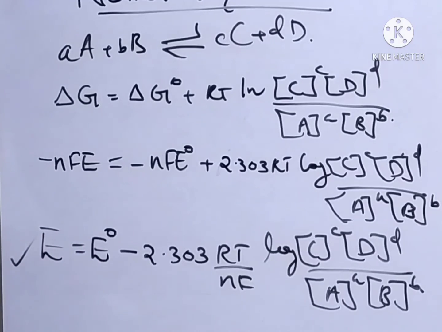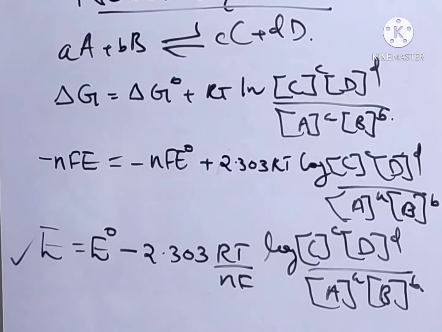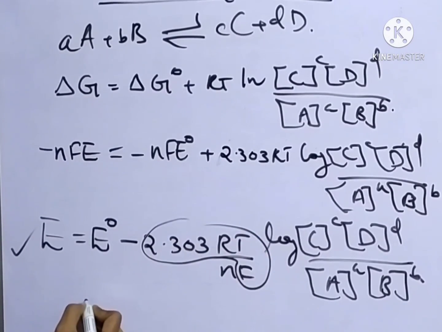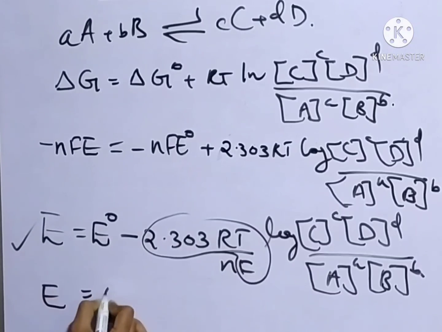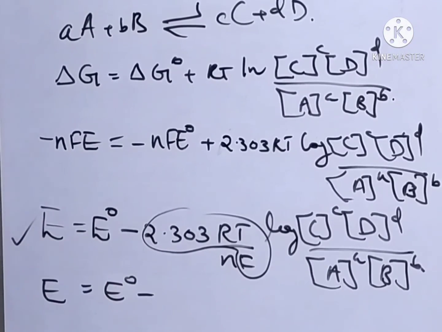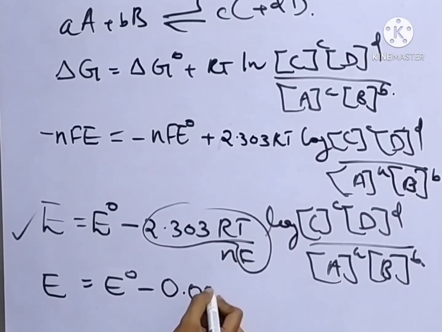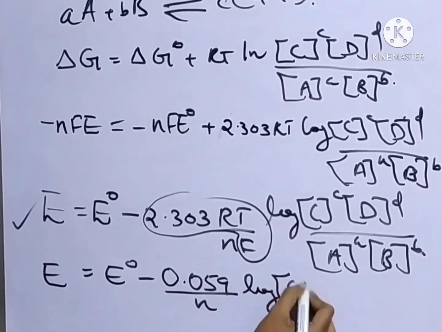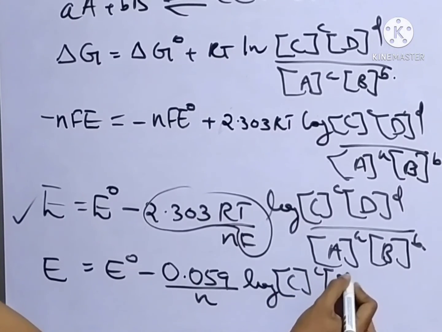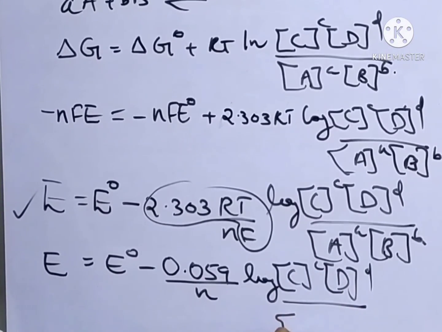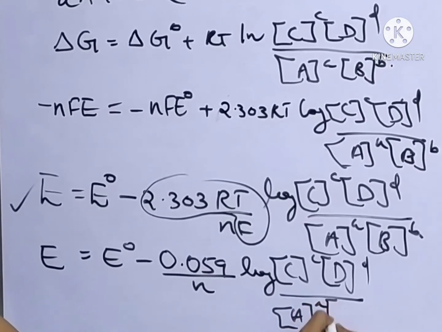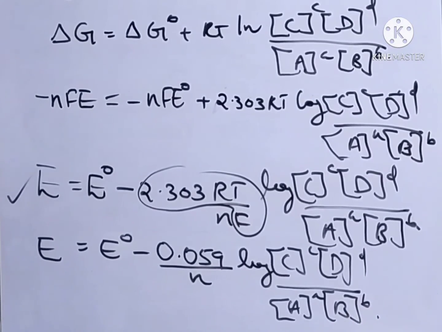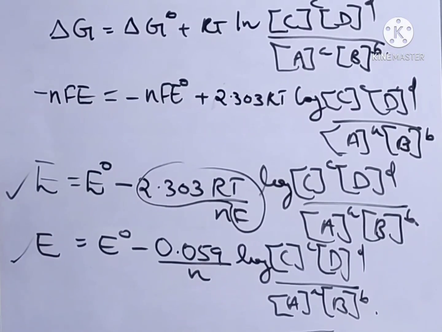This is the Nernst equation to calculate the cell EMF, and we know this value is a constant, equal to E0 minus 0.059 divided by n log concentration of C raised to c, concentration of D raised to d divided by concentration of A raised to a, concentration of B raised to b. This is the Nernst equation to calculate cell EMF.